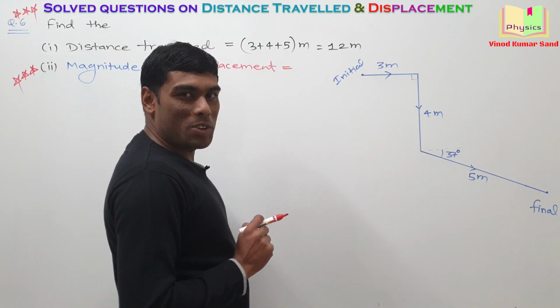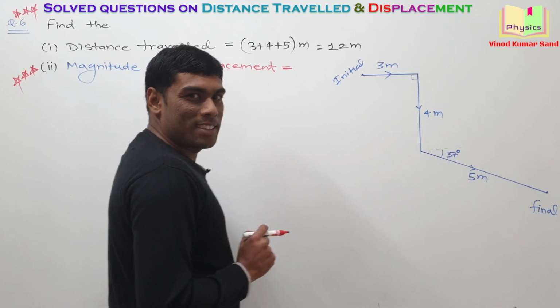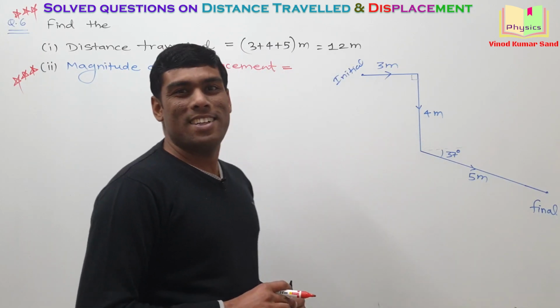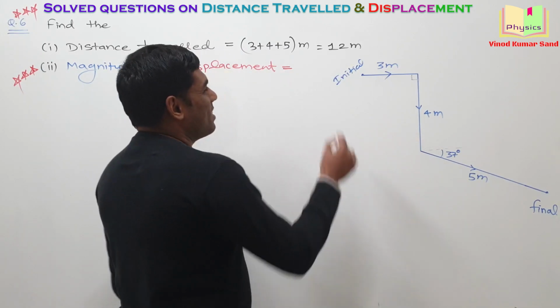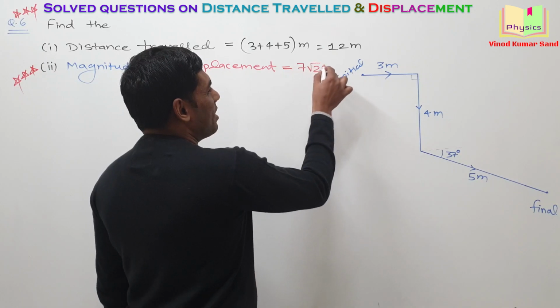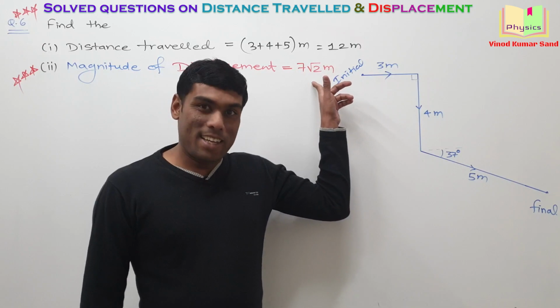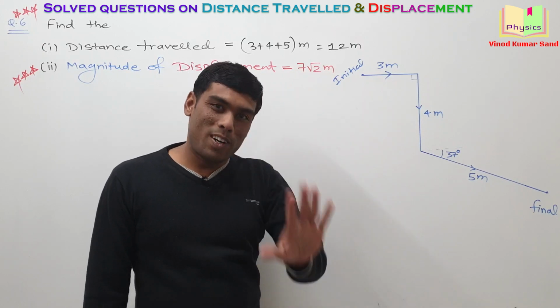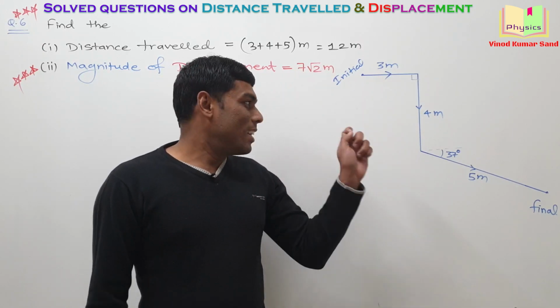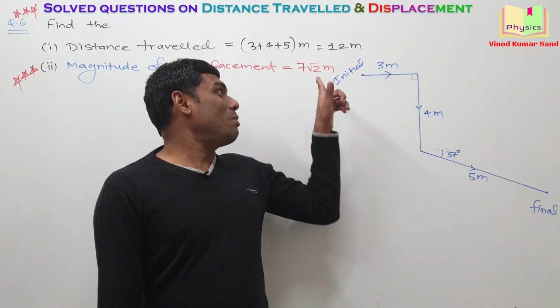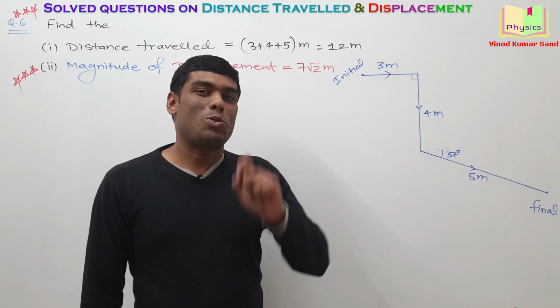Speak up. What is your answer? Speak it louder. It should be audible to me. The correct answer is 7 root 2 meter. If you got this, I appreciate you. And if you are not getting this, have patience, try to learn the things. If you thought 10 meter as this answer, that is absolutely wrong.